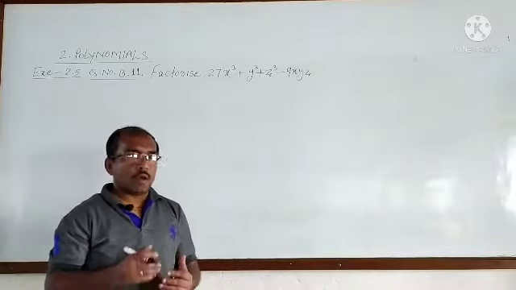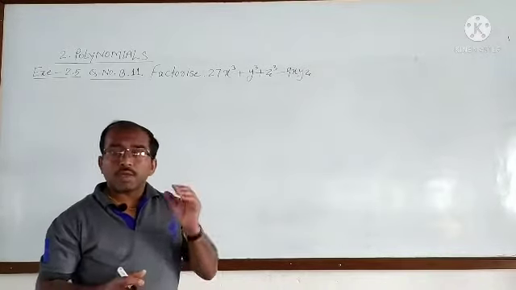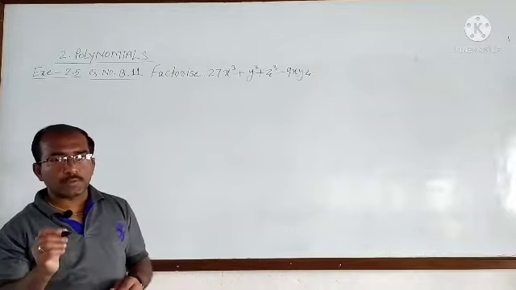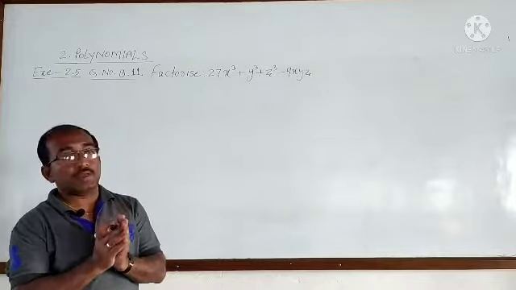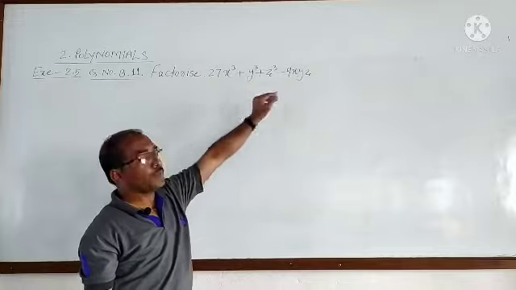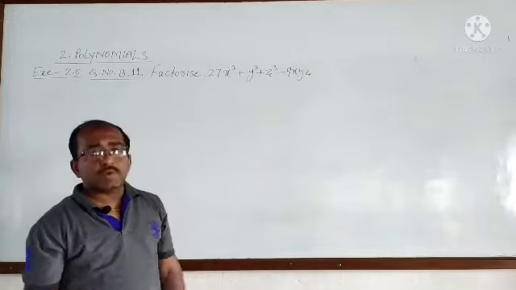So I hope you may be able to remind yourself how to factorize the polynomial. First of all, we need to keep all those identities in our mind, and then we have to match that identity with the polynomial. When we look at this 27x cube plus y cube plus z cube minus 9xyz, which identity comes to our mind?